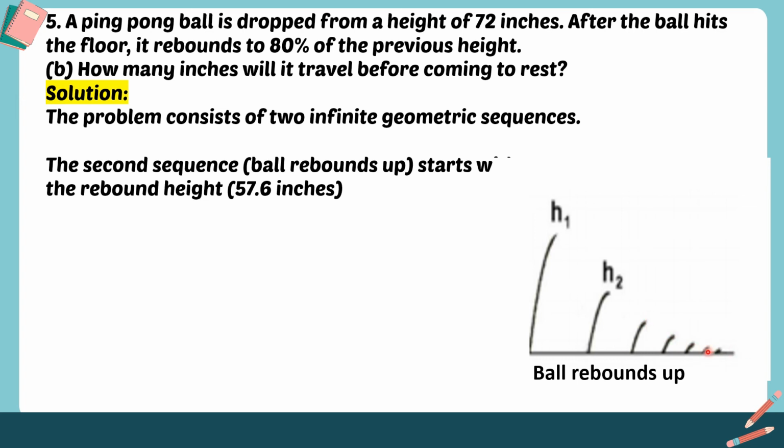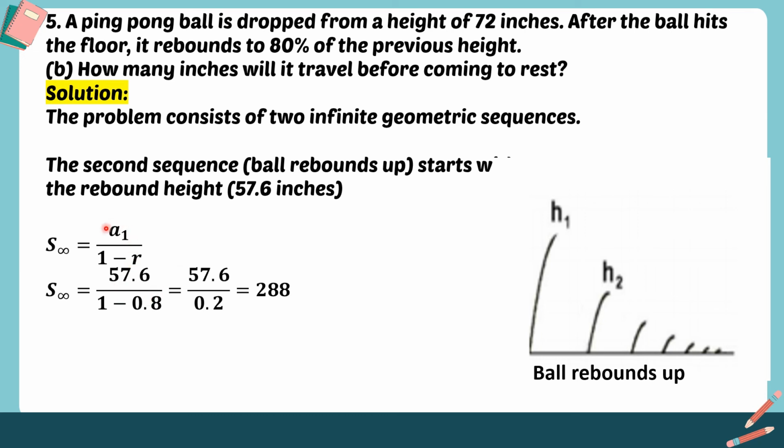So, kailangan nating hanapin yung sum nung height na tinatravel nung bola. So, using infinite geometric series pa rin, we have a sub 1 over 1 minus r. Substitute tayo ng a sub 1 na 57.6. Tapos 1 minus 0.8, that is 0.2. Then 57.6 divided by 0.2 ay 288.